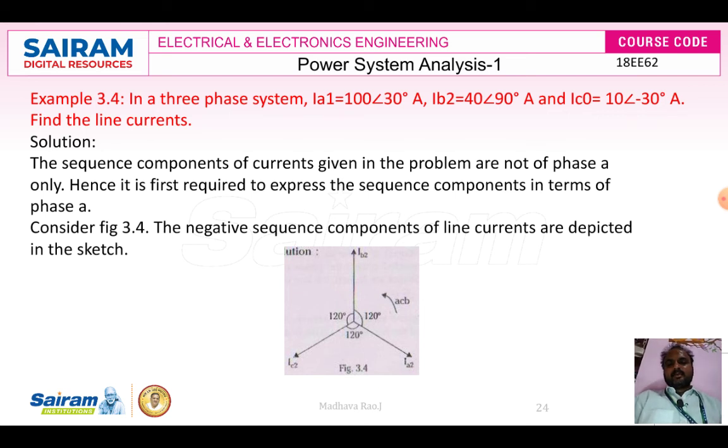Right. So you can see the phasor diagram here. IA2, IB2, IC2 are there. The negative sequence components of line currents are as shown in this figure.